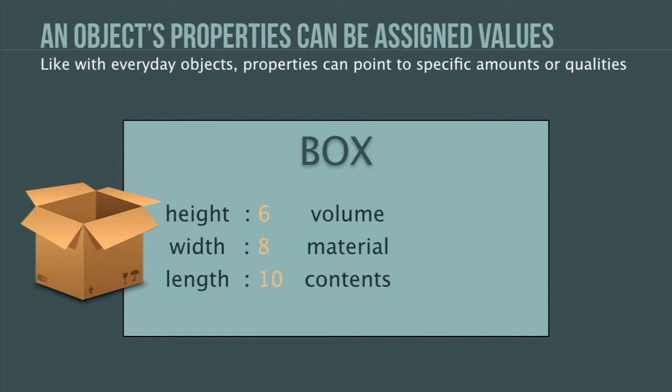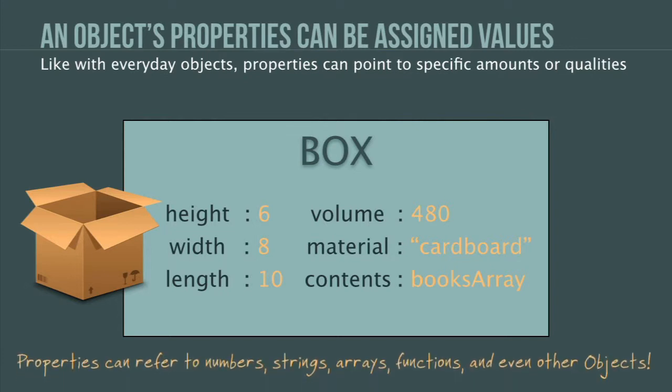Therefore, the volume would be 480. The material it's made of is cardboard in this case. Notice that's a string. And the contents could be this thing called booksArray, which is probably an array of all the books that are inside the box. Properties, as you may have noticed, can refer to numbers, strings, arrays, functions, or any number of things, including other objects.